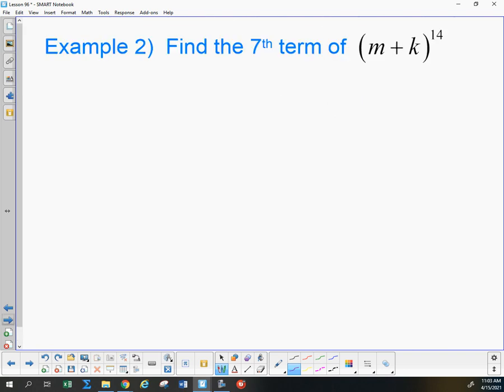So if I have to the 14th, I could go to the 14th row of Pascal's triangle. I don't really want to. But that means I am going to have 14 choose something. And then I am going to have that times m to some power and k to some power. So Haley, if I want the 7th term, I do 14 choose what?